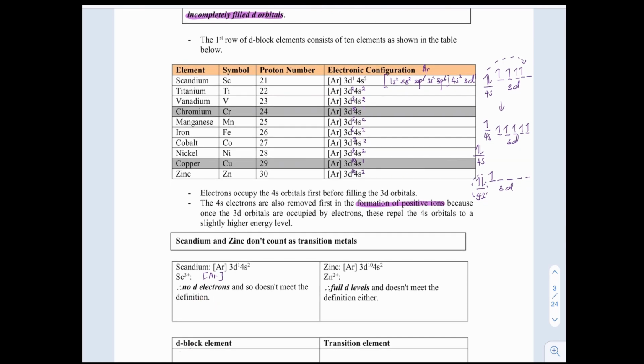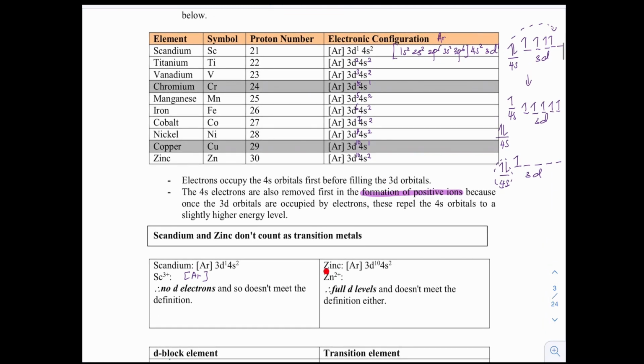All right, now let us take a look at zinc. If zinc forms a stable ion, it is going to be zinc 2+, meaning we are going to remove a total of 2 electrons. Therefore, it becomes Ar, just left with 3d10.